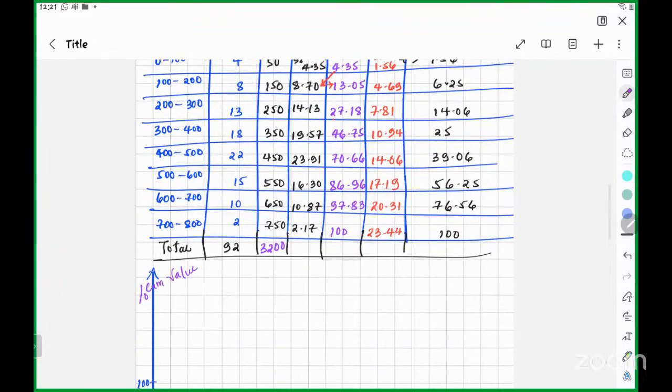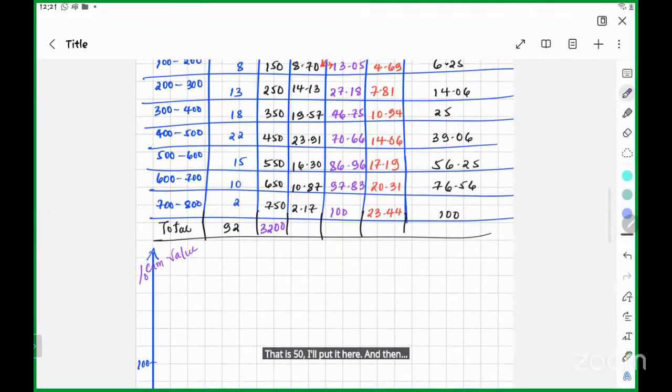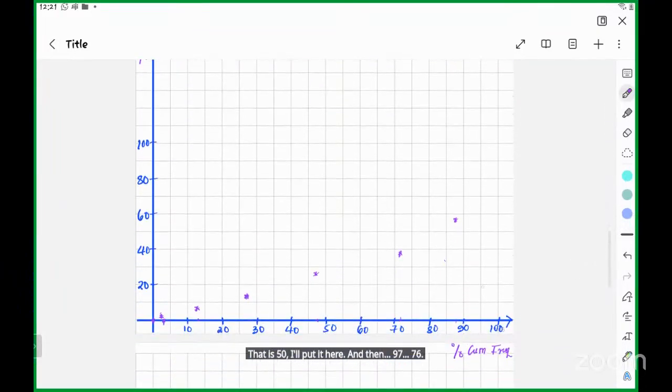And then 97, 76. And then 100, 100. Yours should look better, because you are nearer to scale than mine.